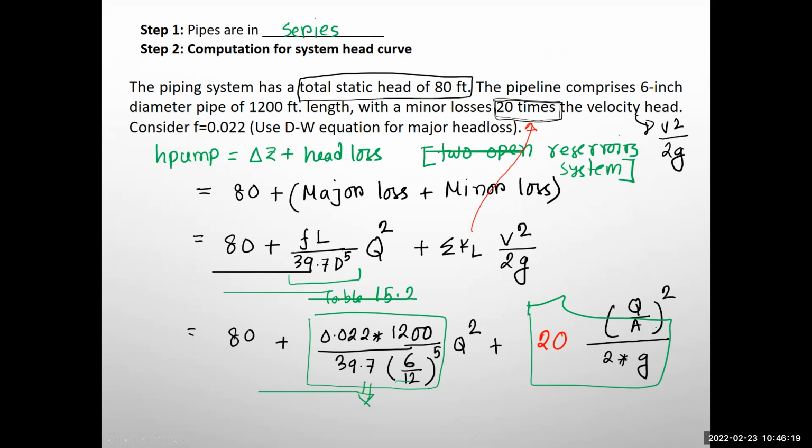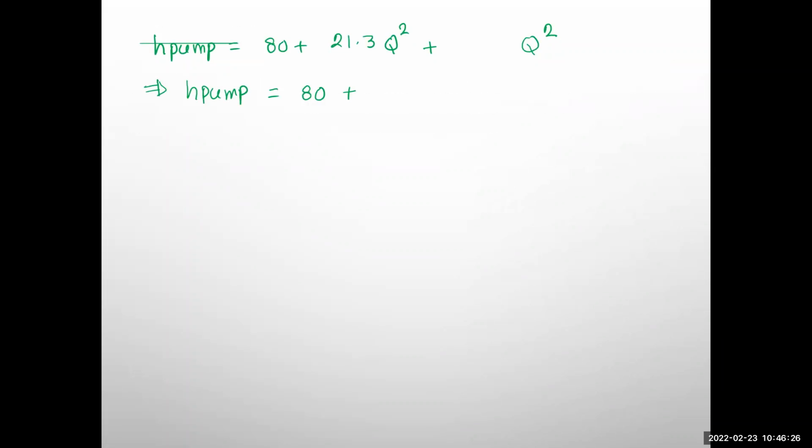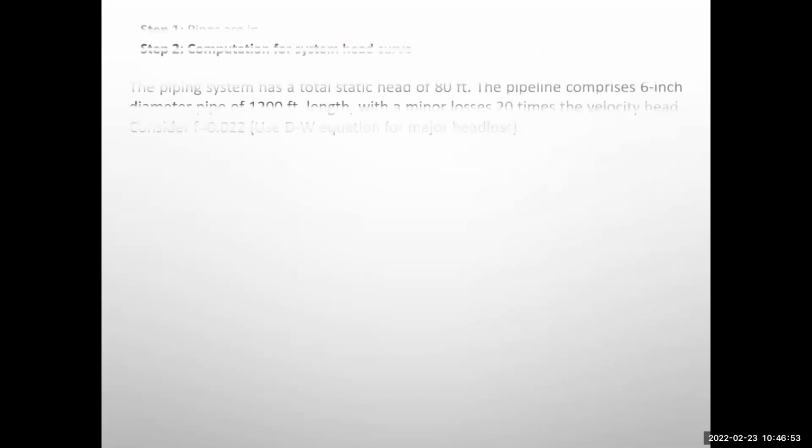There's A. What number you got? Anyone else? What's the A value? A is pi r squared.